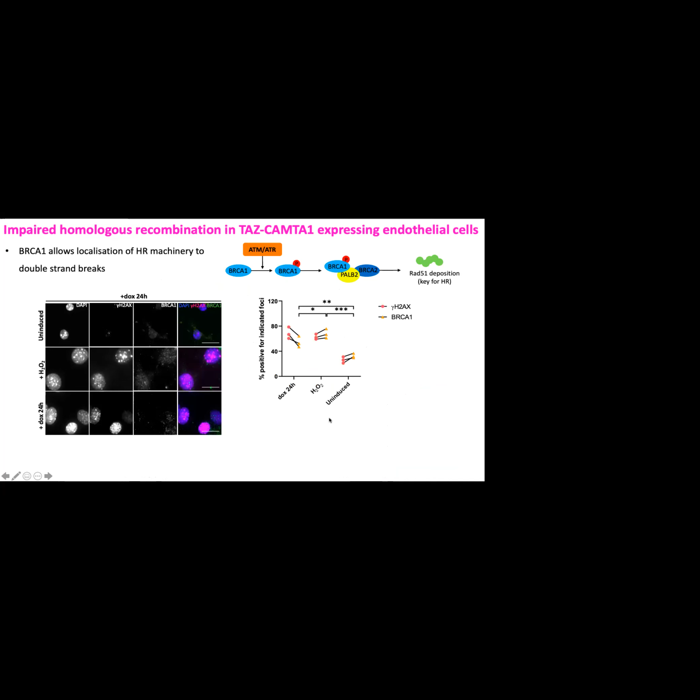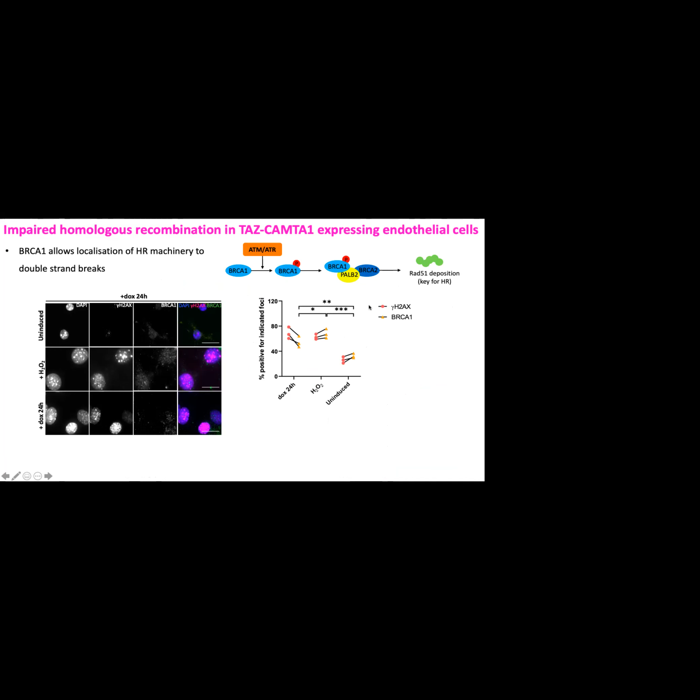So the first protein within this pathway that we looked at was BRCA1. This is a key scaffold protein really in the homologous recombination pathway. It acts at multiple points, but one of its main functions is to bring BRCA2 and PALB2 to allow RAD51 deposition, which I'll get onto next.